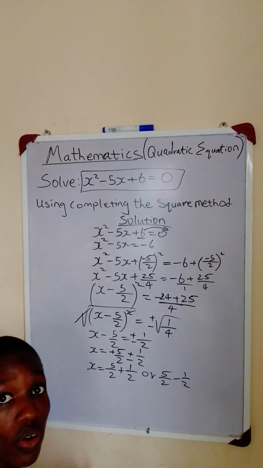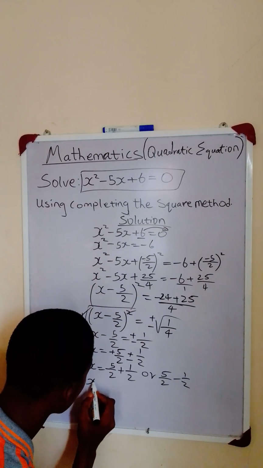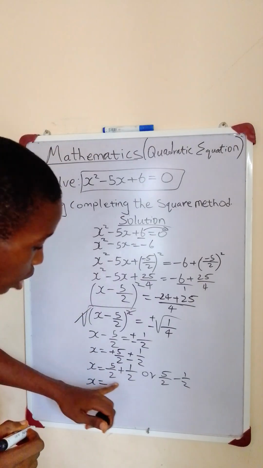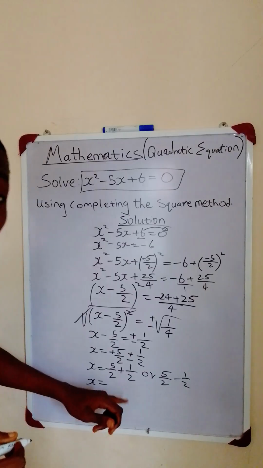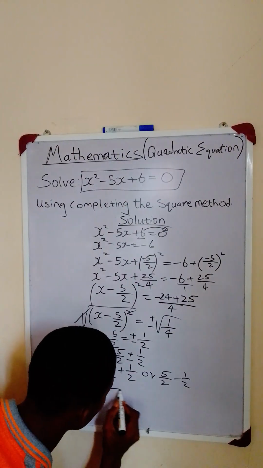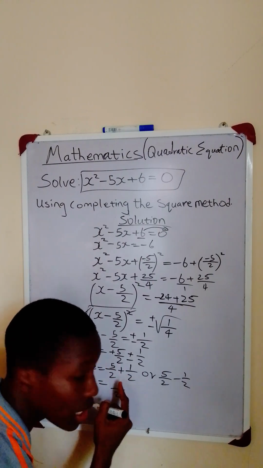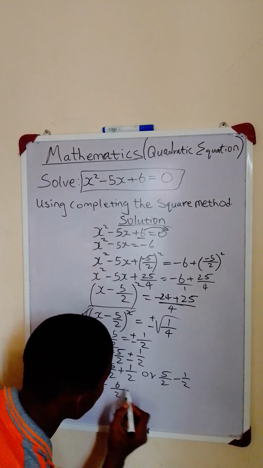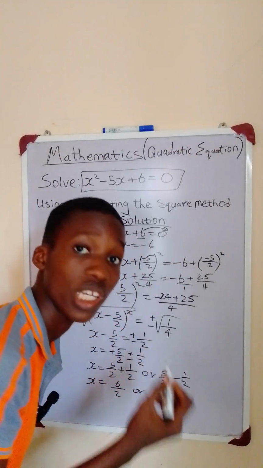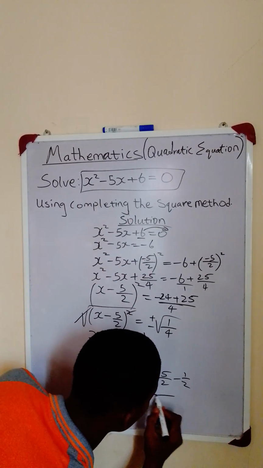So solving this now, the denominators are the same. When the denominators are the same, just pick one denominator, that is 2. Then 5 plus 1 is 6. Or the denominators are the same, so you pick one, that is 2.